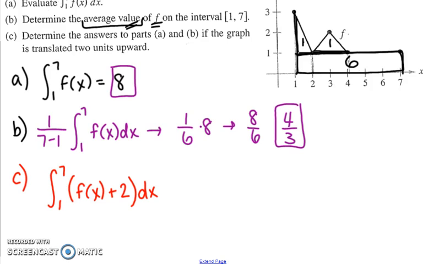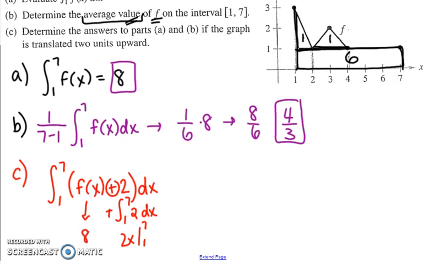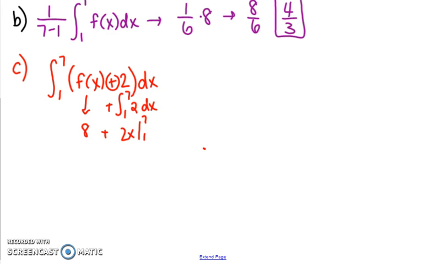So we can do this mathematically, and we can say our integral from 1 to 7 of f of x, this part we knew was just equal to 8, and then we can add to it the integral from 1 to 7 of 2, right, because you can break this up across the addition. So the integral from 1 to 7 of 2 would be 2x evaluated from 1 to 7. So this will be 8 plus 2 times 7 is 14 minus 2 is going to be 12 for an area of 20.